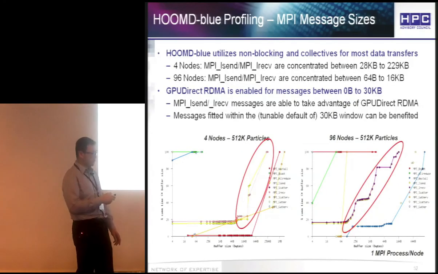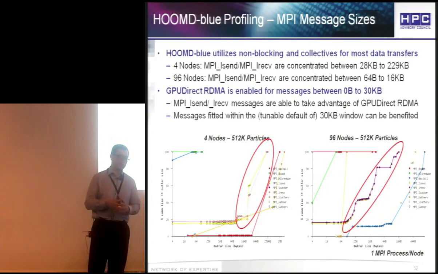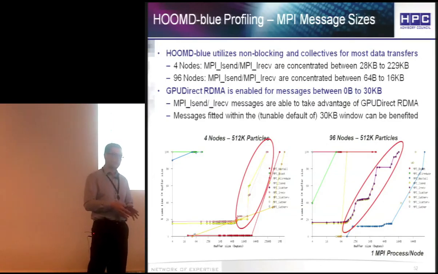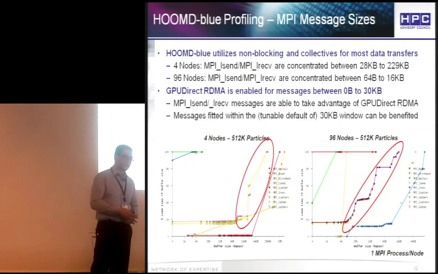The important thing about GPUDirect RDMA, as I probably told you earlier, is that it will improve the messaging that happens for non-blocking send and non-blocking receive. For operations that take place in all-to-all and other collective operations, it will not have any effect.